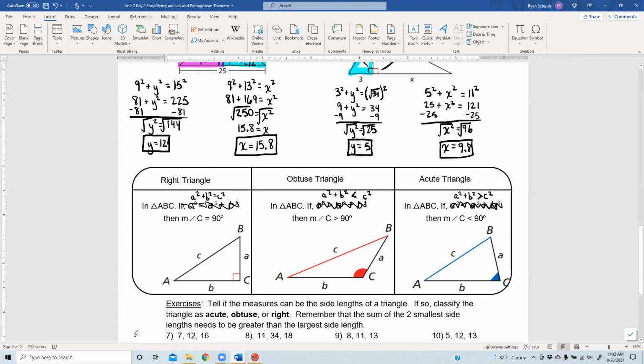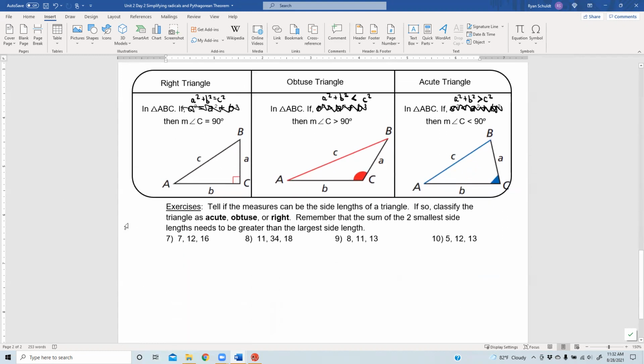So what you can do is see, okay, the smallest two are my a and my b. Just like yesterday where we had to add the smallest two sides and see if it's greater than the third, all that jazz.